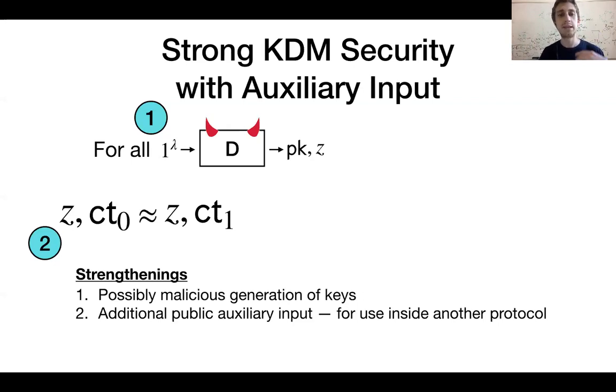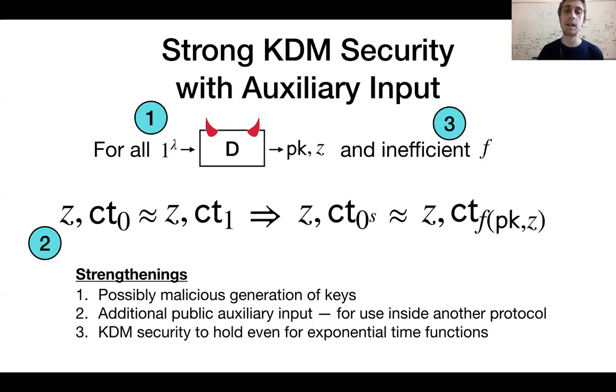And now I'm going to say that an encryption scheme satisfies KDM security if whenever this distribution satisfies normal semantic security, then this strong version of KDM security also holds. In particular, for any inefficient or exponential time function f, encryptions of all zeros are indistinguishable from encryptions of this function f applied to the public key and auxiliary inputs.